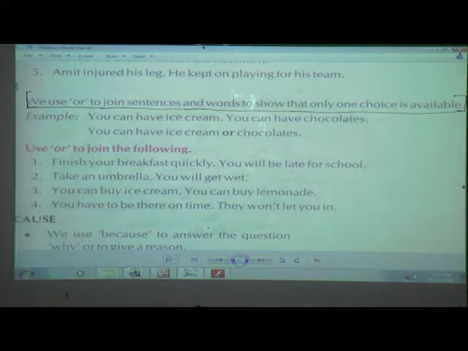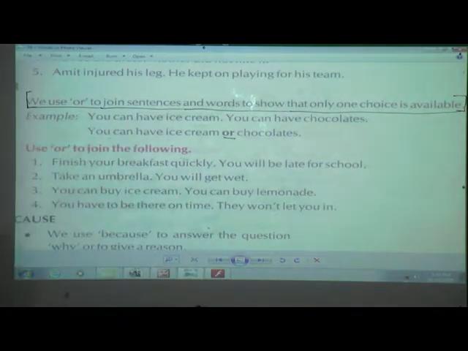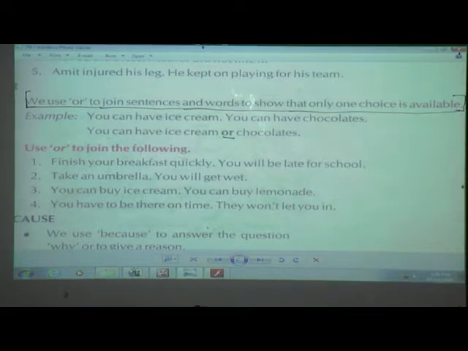So which is the conjunction used here to show the only choice available? Or. So you can have ice cream or chocolates. So here what we have done, students? Yes, we have only selected the items. You can have ice cream or chocolates. You can have, that full we have deleted. Full stop also deleted.